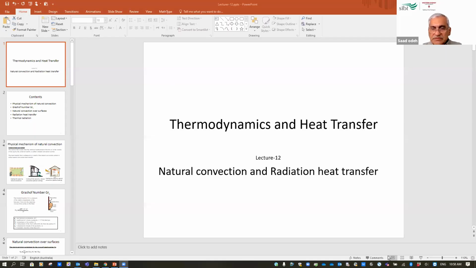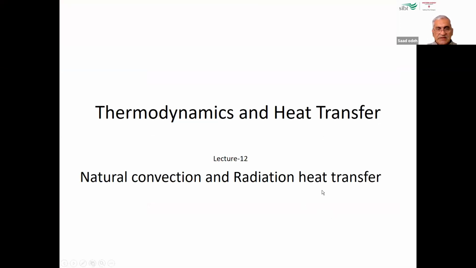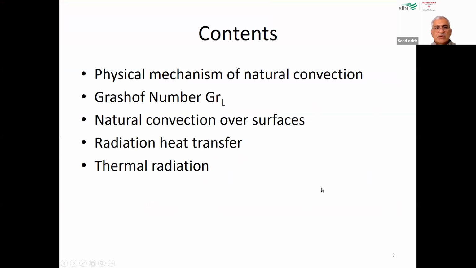All right, as we said here, this week is about natural convection and radiation heat transfer. We'll present the different mechanisms of natural convection and the major numbers, rules and formulas that we're going to use to find the heat transfer by natural convection.